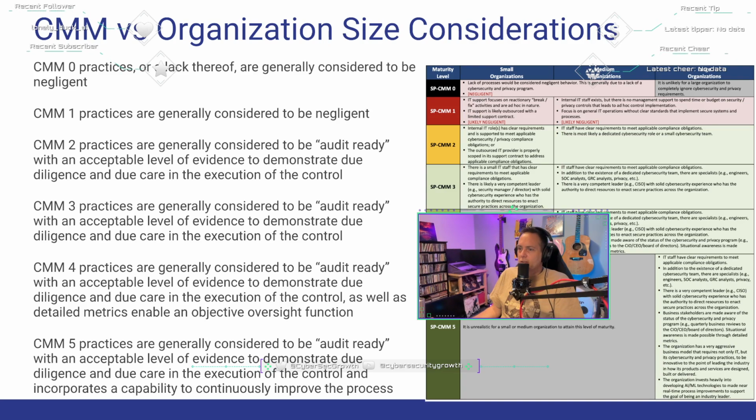CMM 1 practices are generally considered to be negligent. The reason for this is if the control is reasonably expected to exist, by only implementing ad hoc practices in performing the control that could be considered negligent behavior. The need for the control could be due to a law, regulation, or contractual obligation. All right, CMM 2.